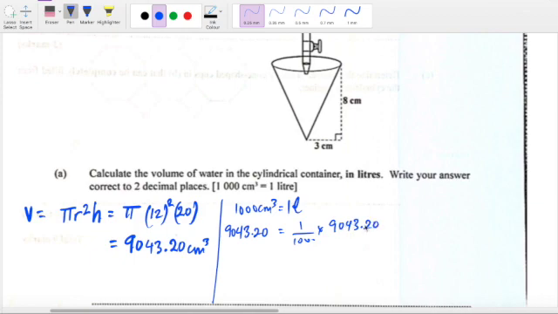Because it'll be divided by 1000, that's 9.0432. So to 2 decimal places, the volume of water in the cylinder is 9.04 liters.